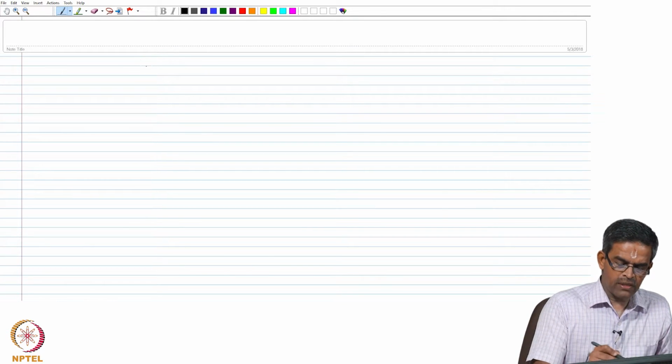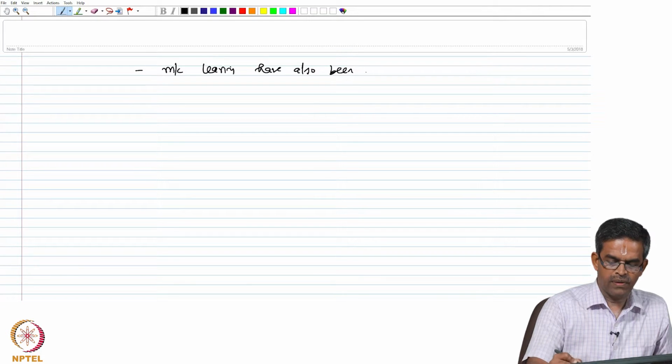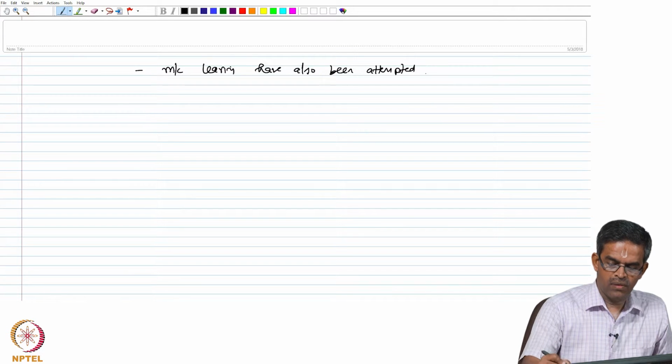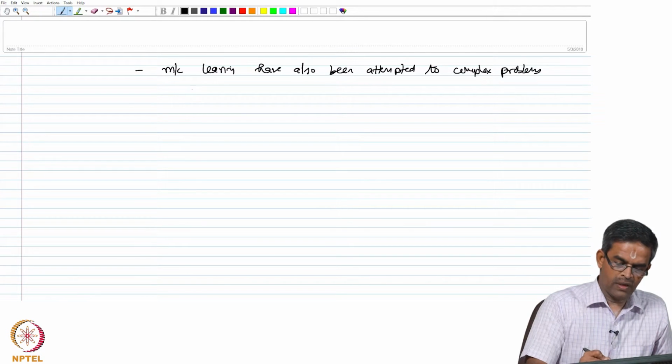To a great extent of understanding, machine learning has also been attempted on complex problems in health monitoring.